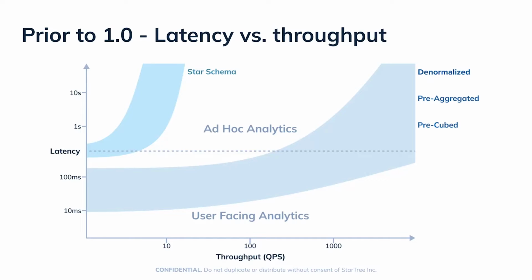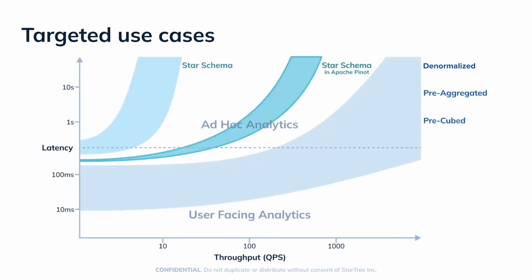So this is what we are trying to fix. We are trying to get somewhere in between to do this type of algorithm in Apache Pinot. We wanted to achieve the same level of user-facing analytic flexibility so that the user doesn't have to worry about how they actually ingest the data. But at the same time, we want to provide an order of magnitude better performance for these types of use cases in Apache Pinot natively.